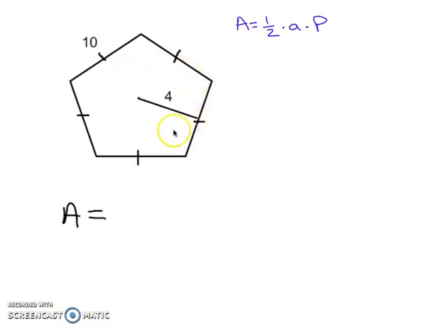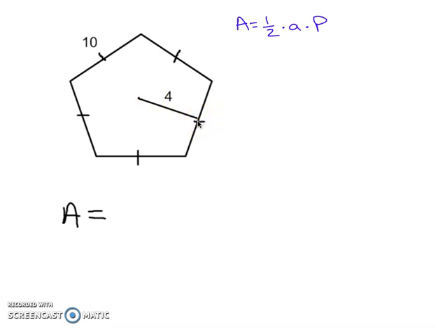So here we have a regular polygon. We know it's regular because all the sides, once again, are congruent. The formula is area equals 1/2 times the apothem. So you want to look up in your picture and make sure whatever segment you're looking at goes from the center to the midpoint of an edge.